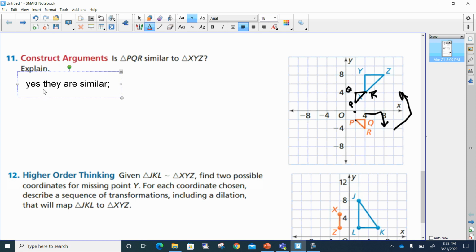Then I'm going to say rotate image 90 degrees about the origin.